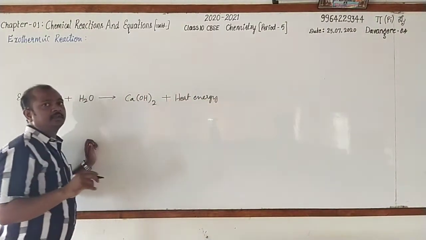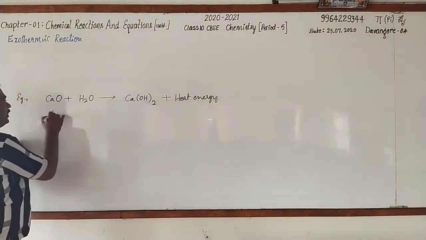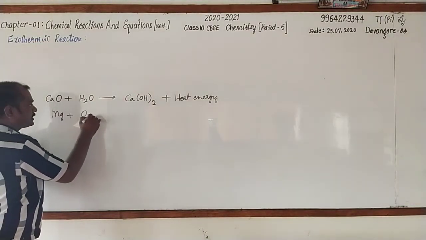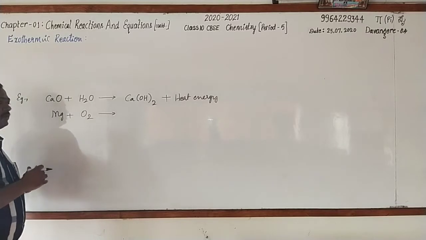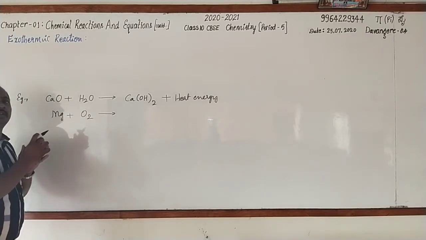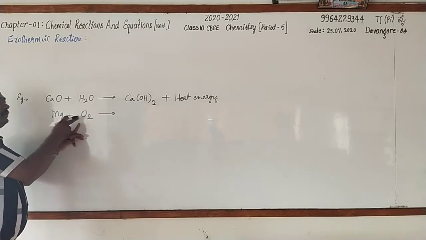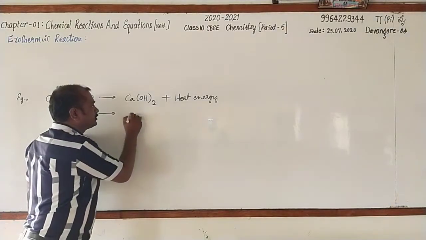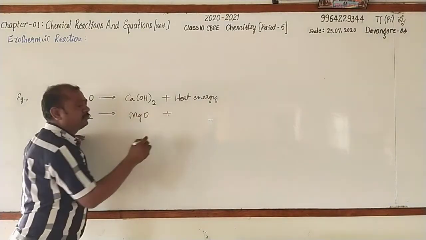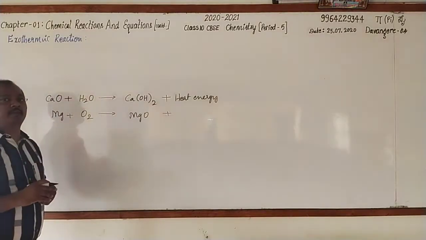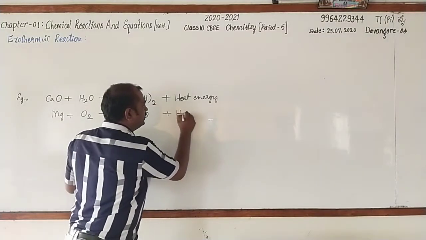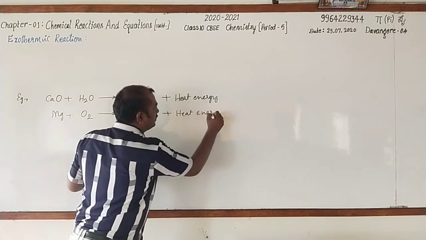Is it not? Similarly, when magnesium is burnt in the Bunsen flame, it reacts with oxygen and produces magnesium oxide with a white dazzling flame. That is also heat energy.